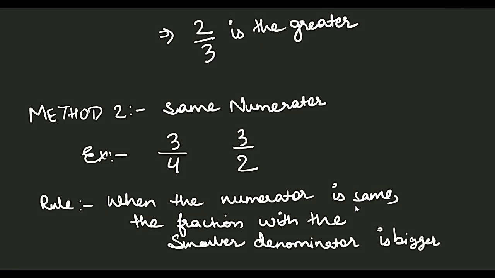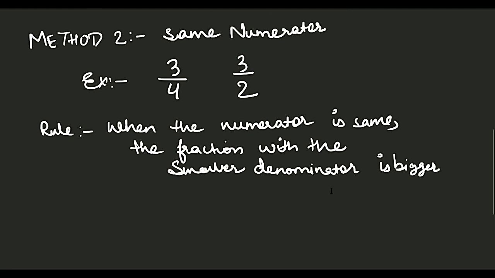Now again, look at your example here. Which fraction will be larger here? We look at the denominator only, but follow this rule. The rule says when the numerator is the same, only look at the denominator, and the one with the smaller denominator is bigger.